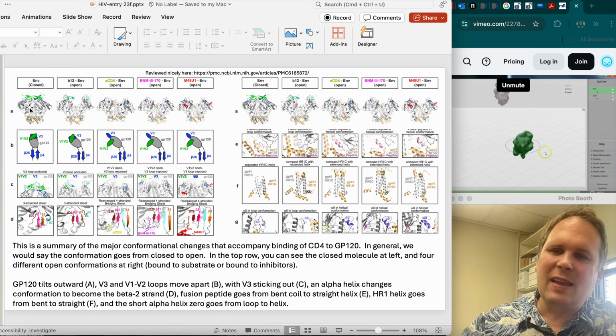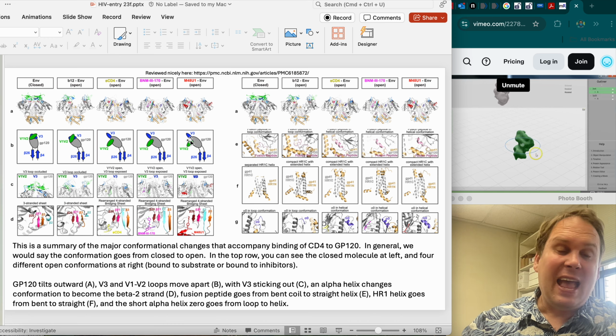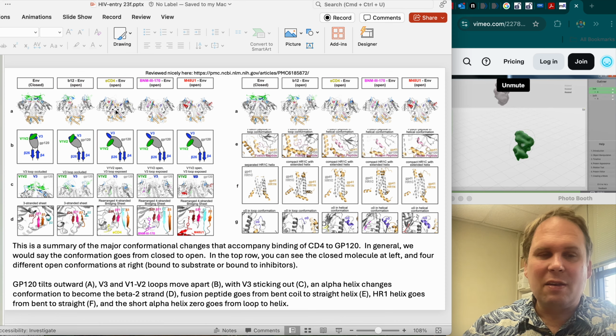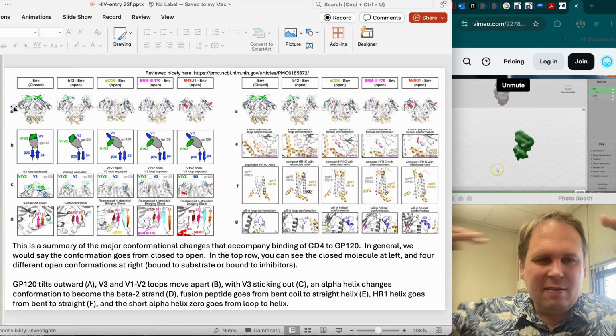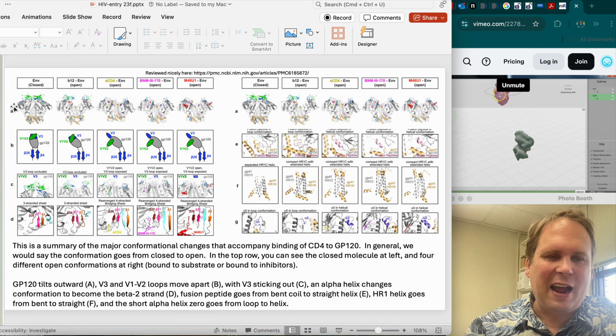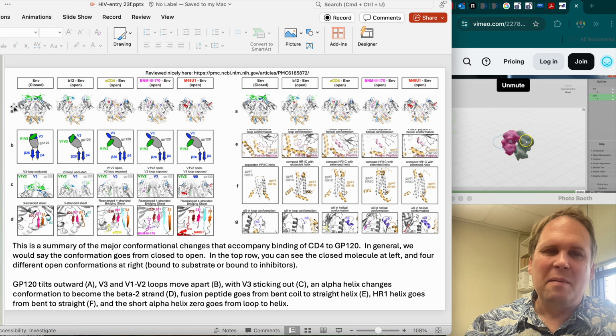It's really hard to stabilize in the closed conformation, and this one is just not as immunogenic. It's harder to get those neutralizing antibodies, because you really want all the V1-2 loops to be clustered together there like a little crown on top, so that you can lock those down with your antibodies and make it work.